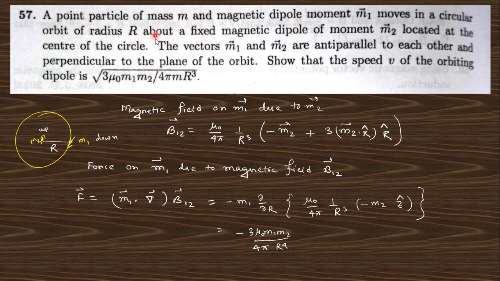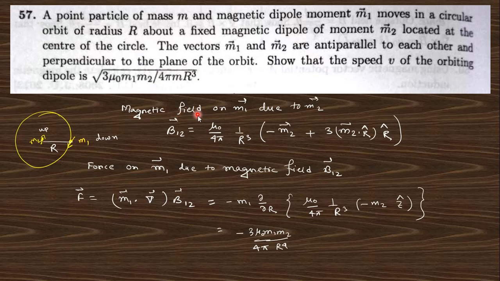This is a different type of question. You can see here a point particle of mass m and magnetic dipole moment m1 moves in a circular orbit of radius r, with a fixed magnetic dipole m2 located at the center. The vectors m2 and m1 are antiparallel to each other and perpendicular to the plane of orbit, so that the speed of the orbit will be like that.